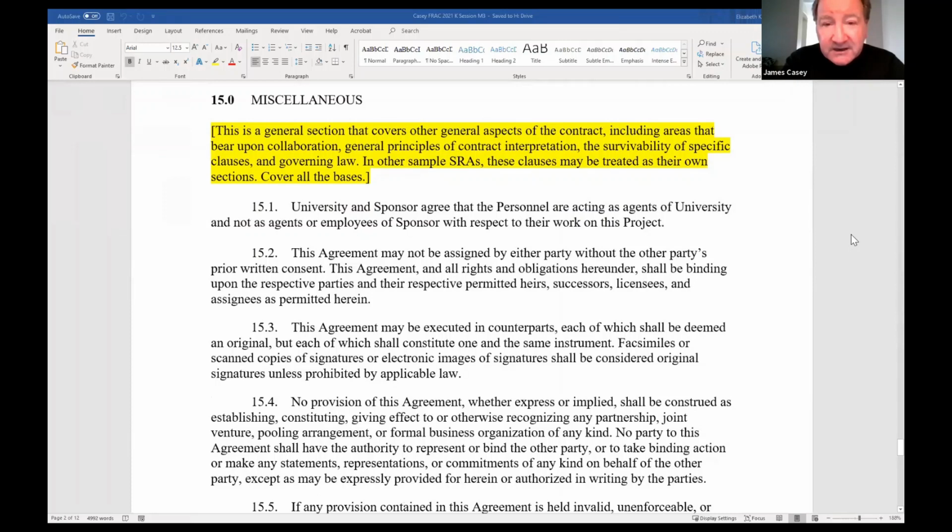Section 15 in many contracts is numbered differently and talks about different areas of the contract. As I say in the highlights here, you'll see language on general principles of contract interpretation, the survivability of specific clauses, and governing law, which is important.